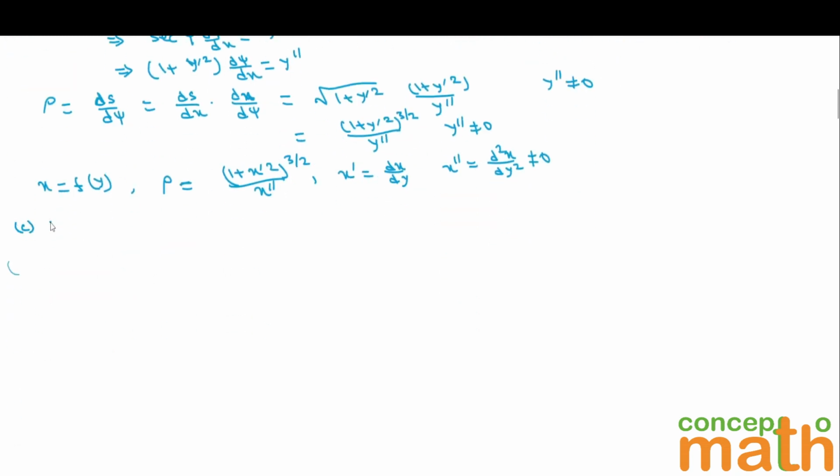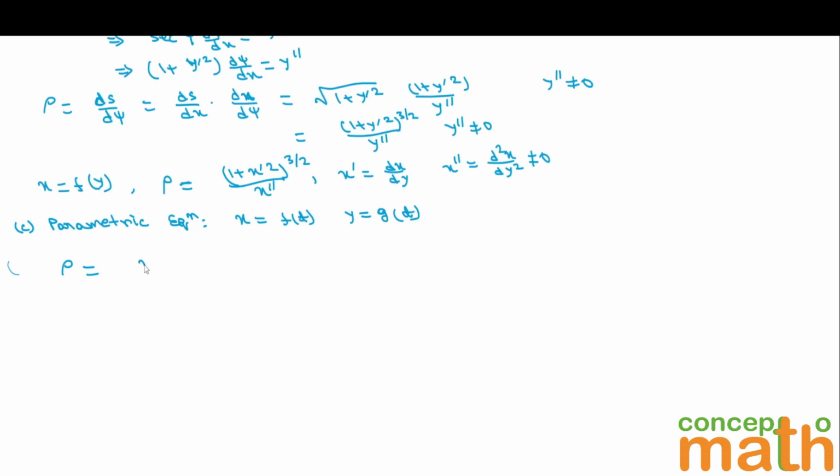Then suppose we have the parametric equation. So what is a parametric equation? Say x is equal to f of t and y is equal to g of t. In this kind of case, what will be the expression for radius of curvature?